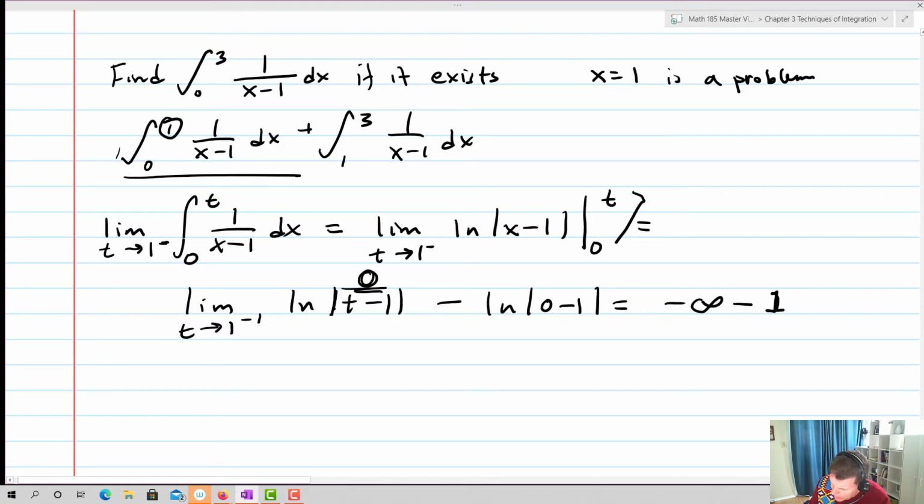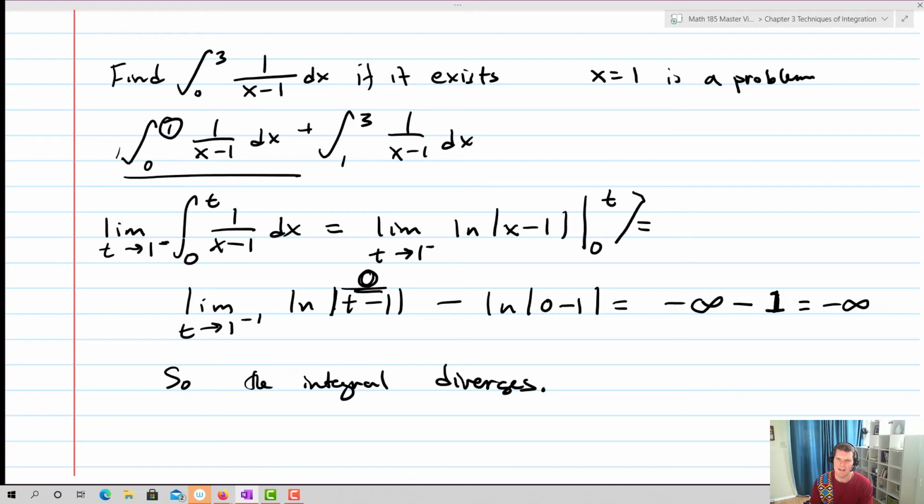That's great, but negative infinity minus 1 is still just negative infinity. So the integral diverges. And just like in our last occurrence, if one of those two integrals diverges, then the whole thing is going to diverge, right? You can't have just one value. So consequently, for this integral, we don't have a value.